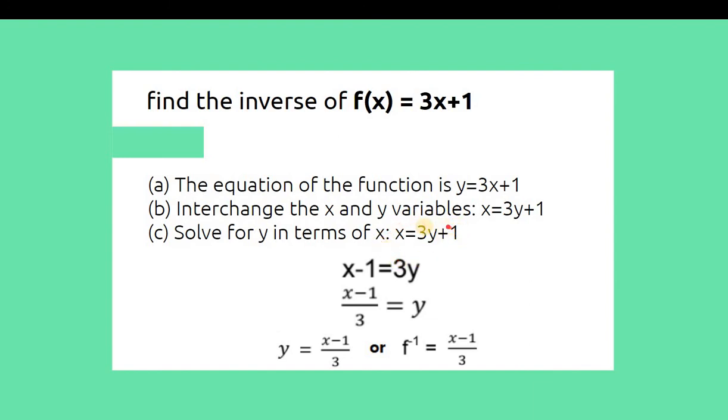So, yung 1, dinala natin siya dito sa kaliwa. Okay? Dinala natin. So, ano nangyari? Bakit naging -1? Kasi nilipat mo siya, opposite. Positive siya kanina, nilipat mo siya sa left, magiging x - 1. Okay? And it is equals to 3y.